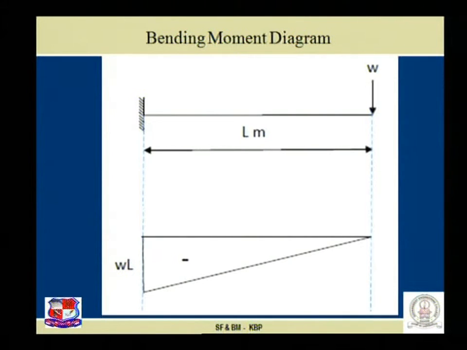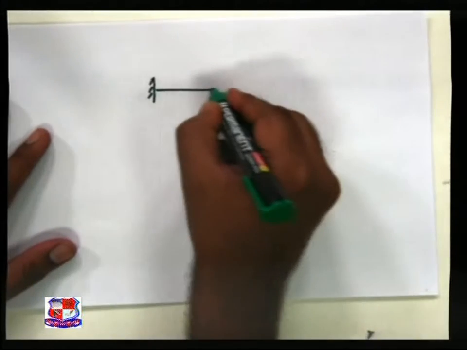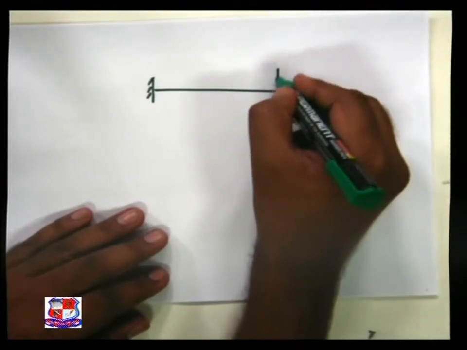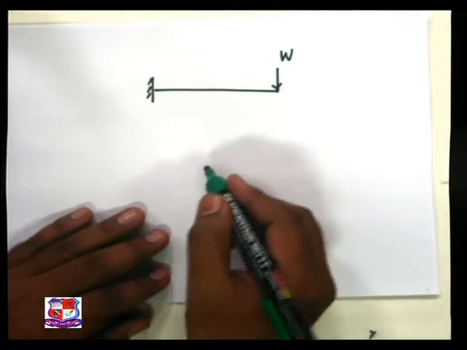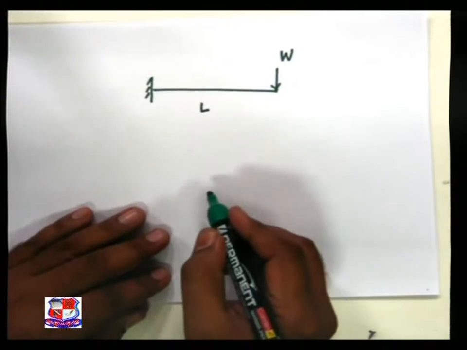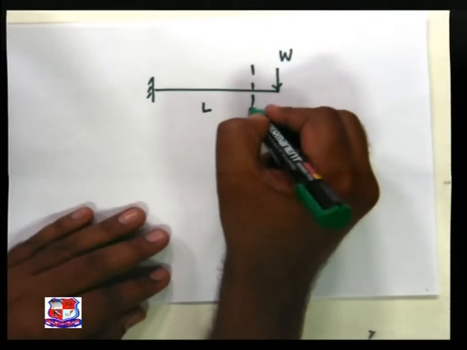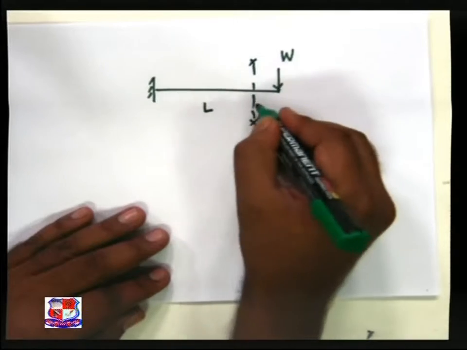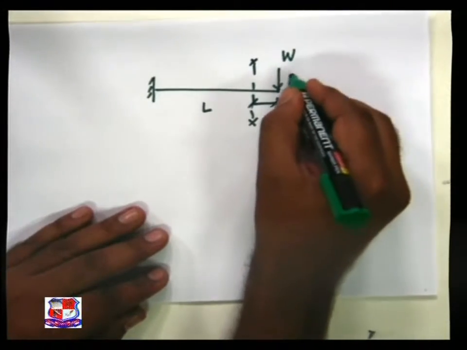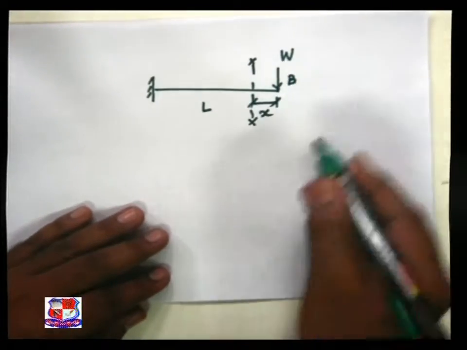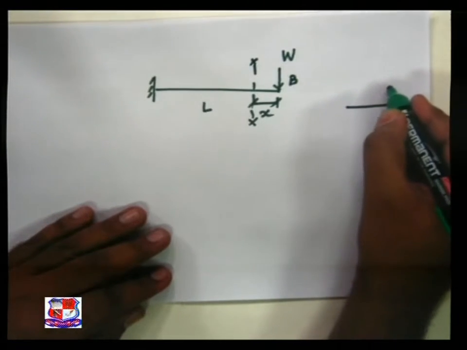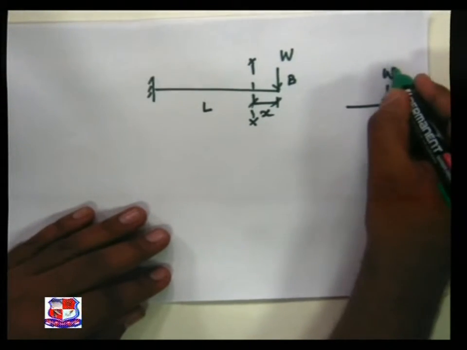The given beam is a cantilever, W is over here, length is L. If we take a section over here, XX from B, then our free body diagram is of this kind.